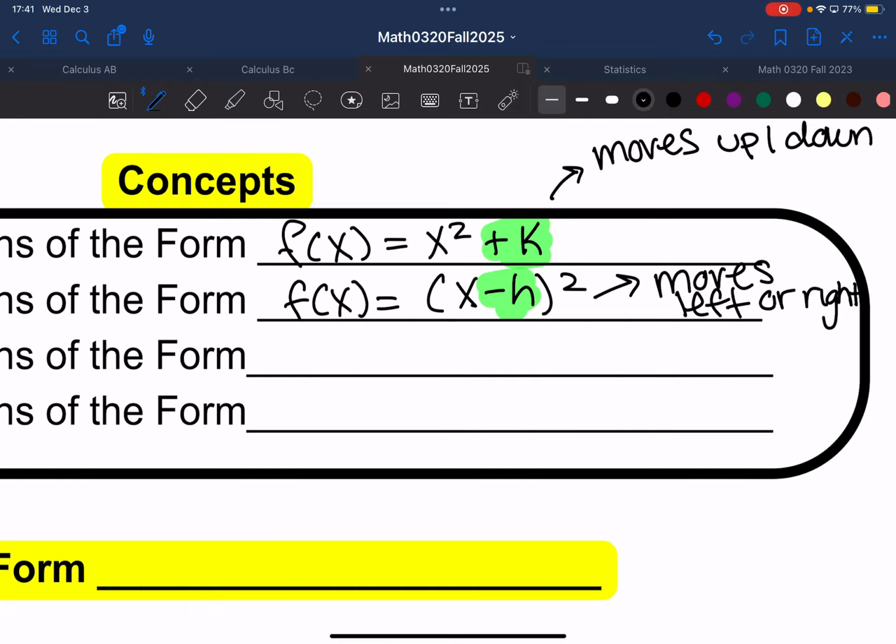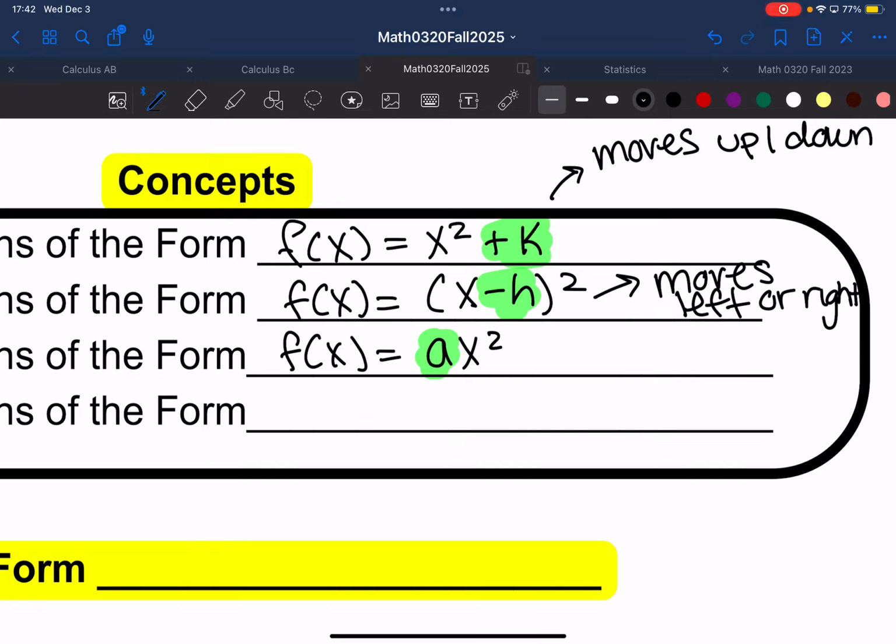We have another form, which is f of x is equal to a times x squared. That is if we have a coefficient in front of x squared. Again, that a value, h, and k value are all representing numbers that are going to manipulate our original parent function of x squared.